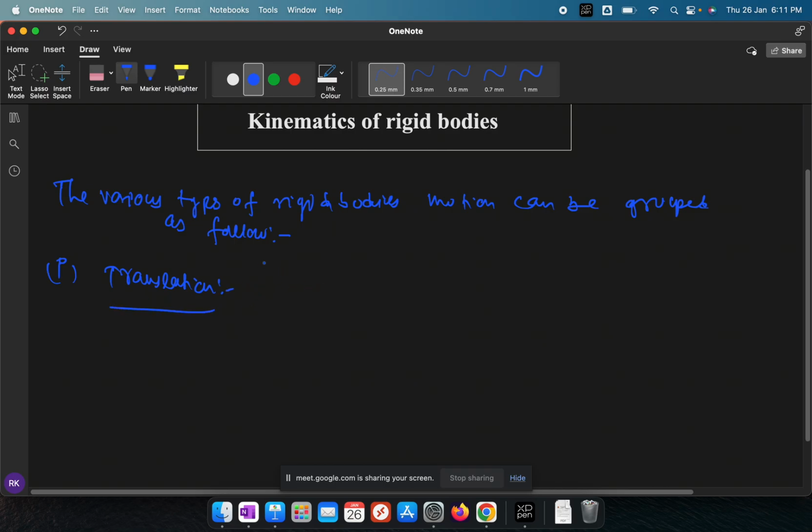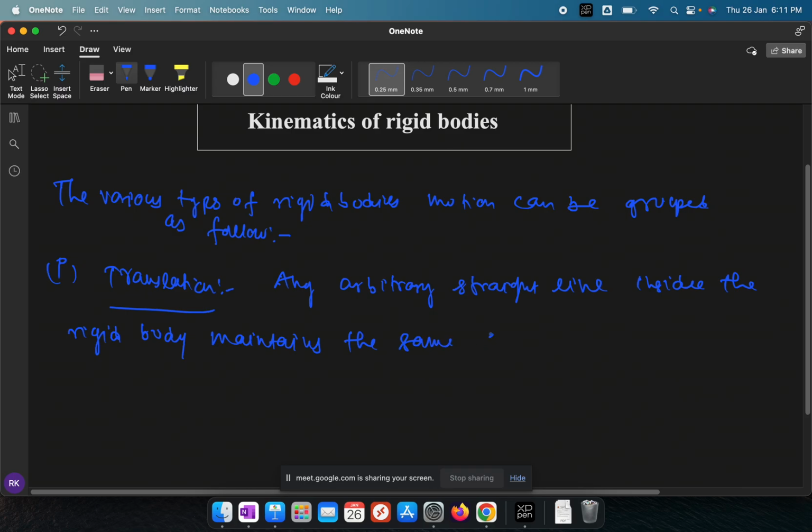Okay, so in this case, I can say any arbitrary straight line inside the rigid body maintains the same orientation during the motion.